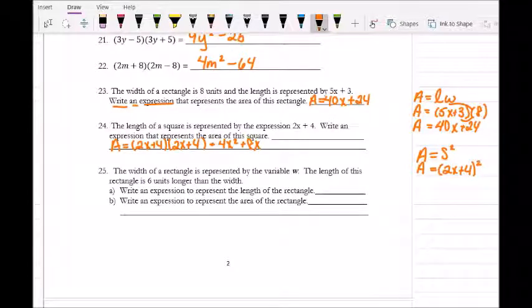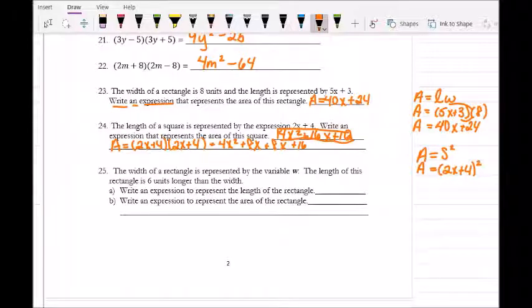Inner 4 times 2x is 8x. And last 4 times 4 is 16. And finally, because we do have two of the same terms here, we can put those together. So the final answer, I'll write up on this line here, 4x squared plus 8x plus 8x is 16x plus 16. Box that off there.